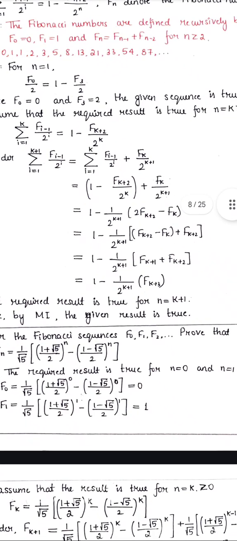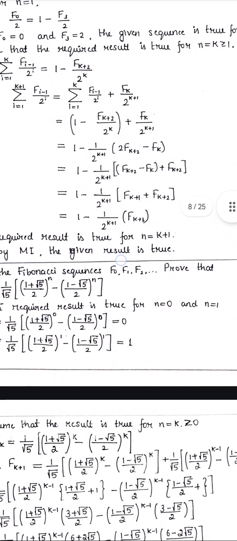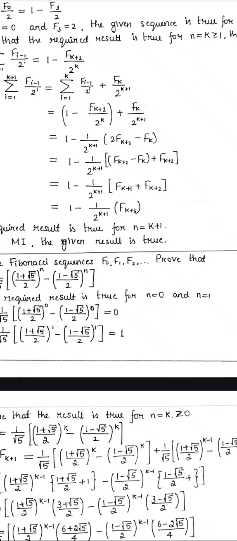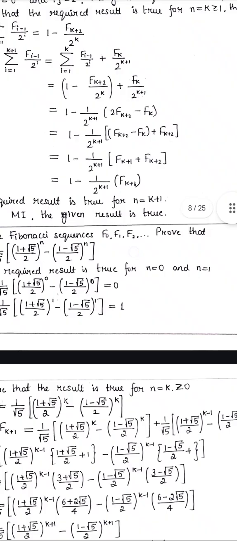Then we will have f2, 1 minus, we are taking 1 by 2 power k plus 1 as common, so that it becomes 2 of f of k plus 1 minus f of k, so that it becomes f k plus 1 minus f k plus f k plus 2.